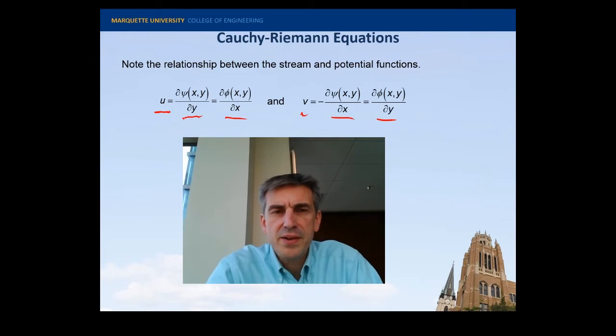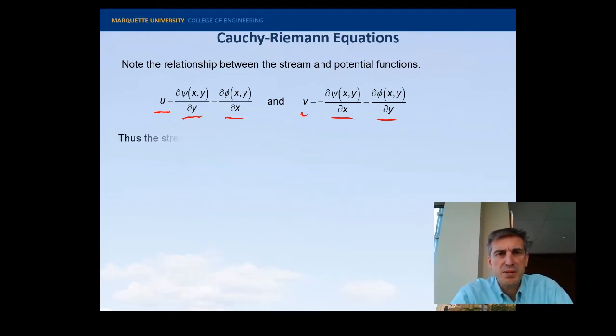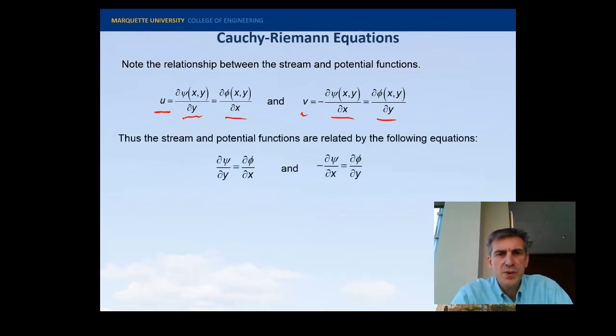So together, that's the relationship between the stream and the potential function. And so, more simply put, we could write the relationship in this way.